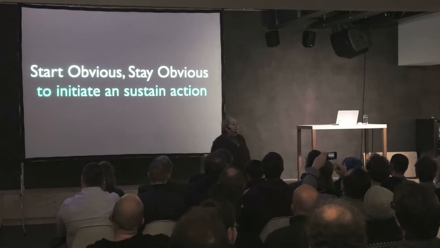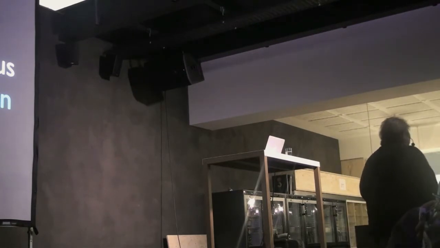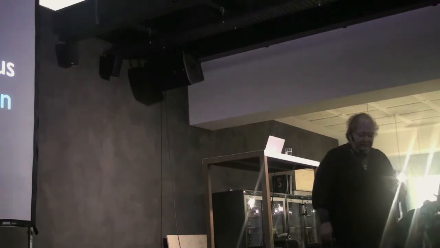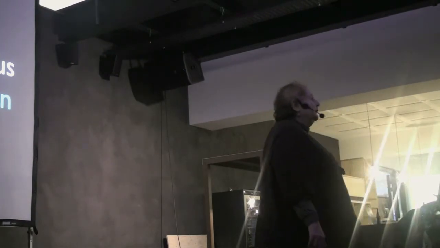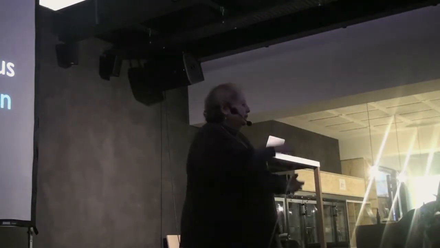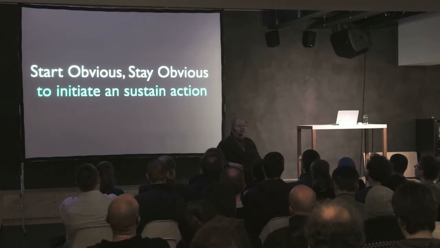So the fourth rule is start obvious, stay obvious. I have this really big issue with trainers who will introduce a topic and they'll do something elaborate, which I won't do right now.